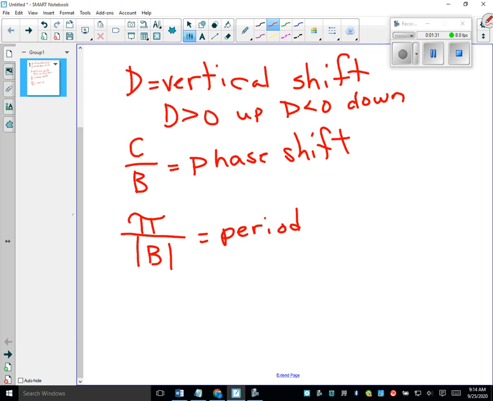A is now called a stretch or shrink factor. What do you think a stretch or shrink does?